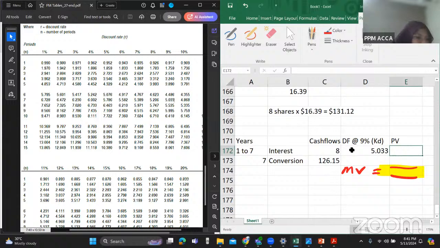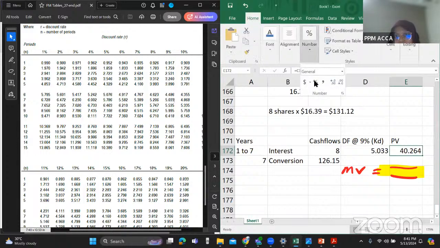So 8 into 5.033 will give you an answer of 40.264. Let's take it to 2 decimal places, because usually in the MTQs, guys, you won't have a spreadsheet. You will have to do this by hand. Only in section C will you have a spreadsheet. So be familiar with doing it manually also.